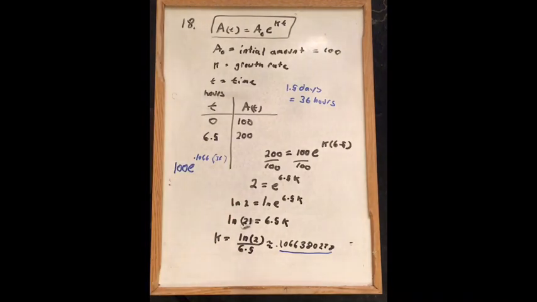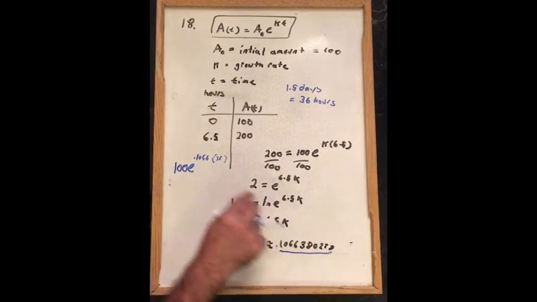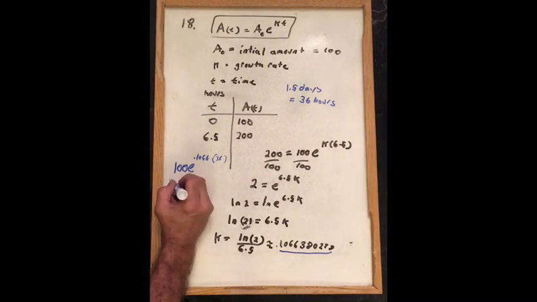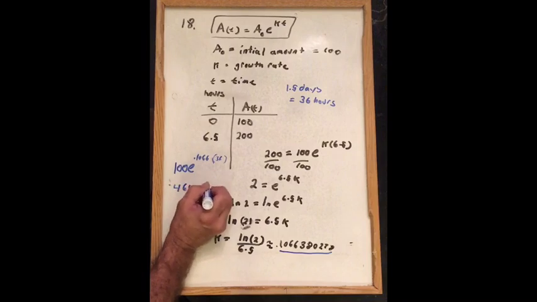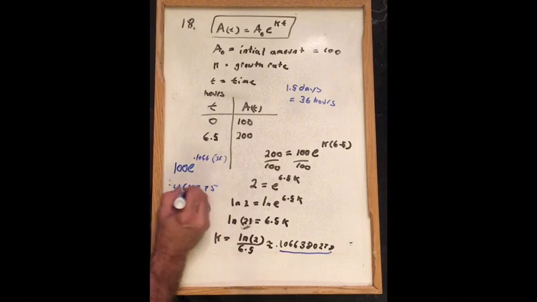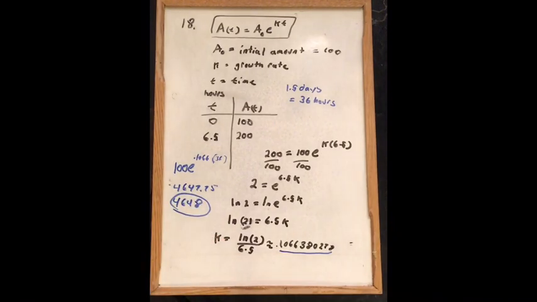Then we just plug this in. 100 e raised to that value k, which is actually 0.1066380278 times 36. Make sure you keep that all in the exponent, and you should get 4,647.75 or 4,648, because we're going to round up, and that's your answer right there.